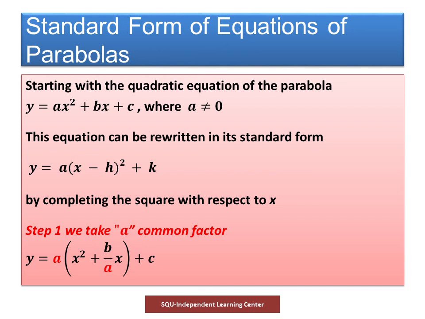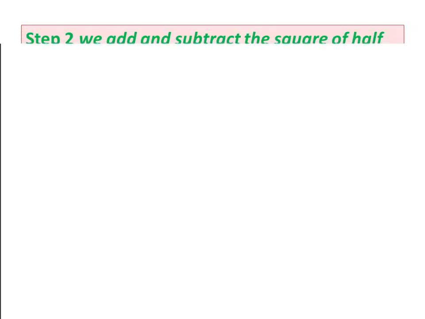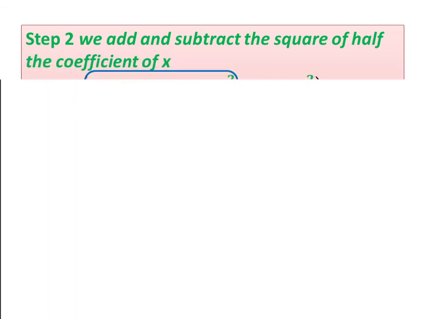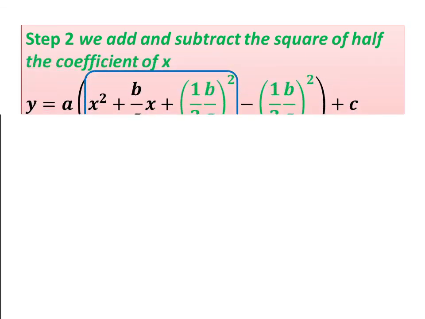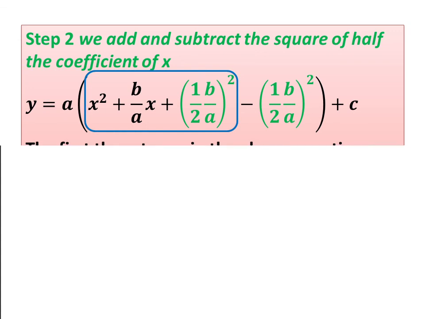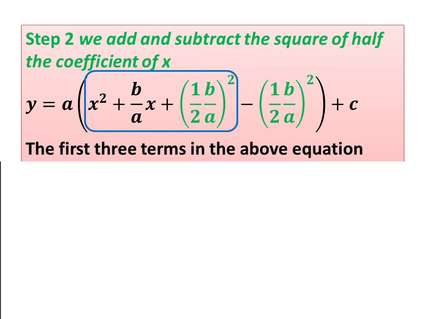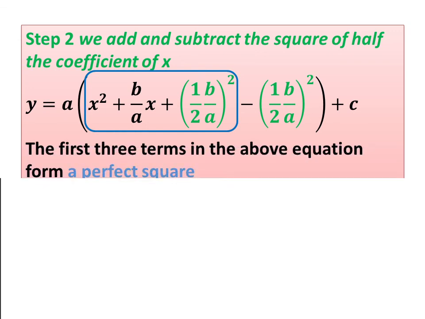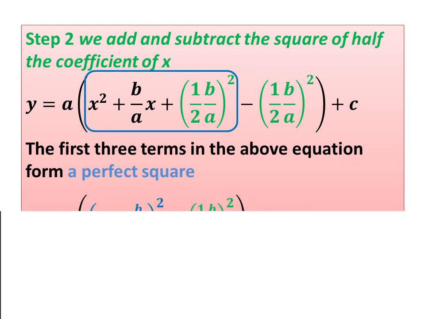So we're taking a common factor only from the first two terms, plus c. Now we add and subtract the square of half the coefficient of x. So what's the coefficient of x? Yes, it's b over a. What's half the coefficient of x? It is half b over a.